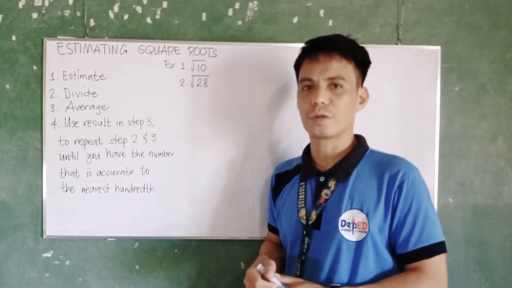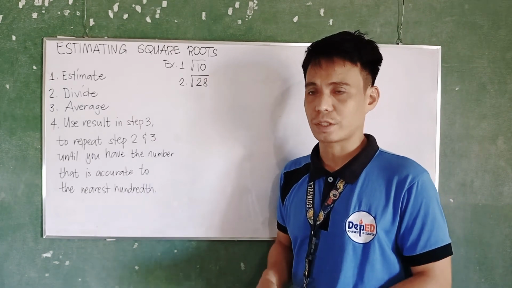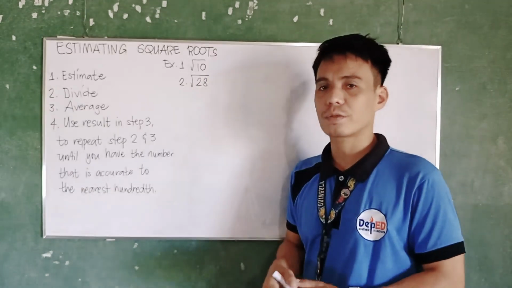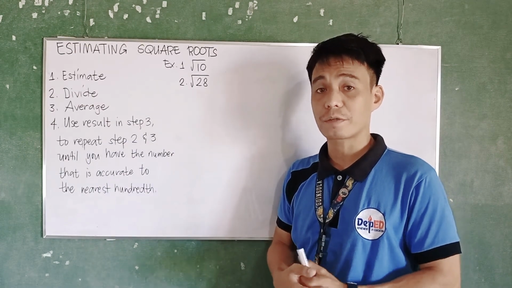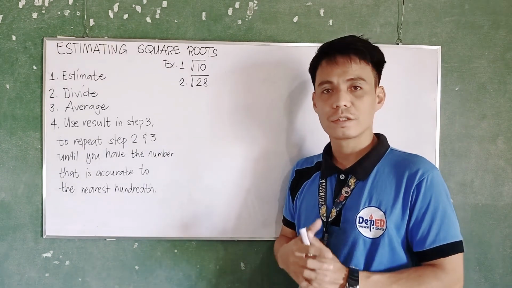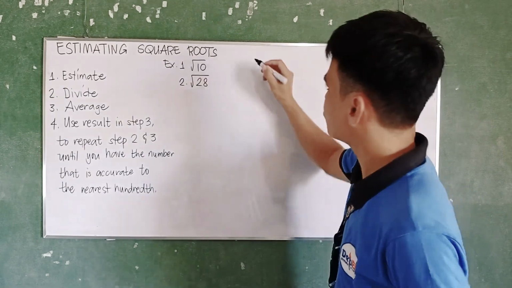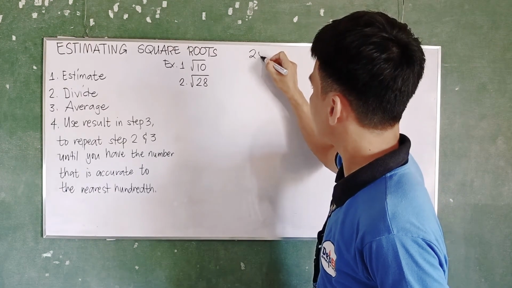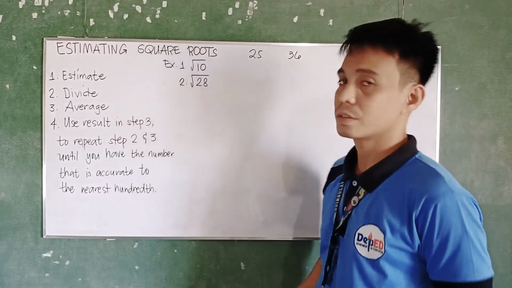Now, let's do example number 2. That is square root of 28. Okay, so unang-unang gagawin is to estimate. So, hahanapin natin yung dalawang perfect square number kung saan pumapagitna yung 28. So, therefore, yung 28 natin is in between of 25 and 36. Okay?